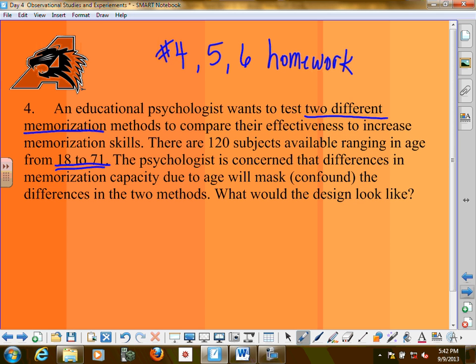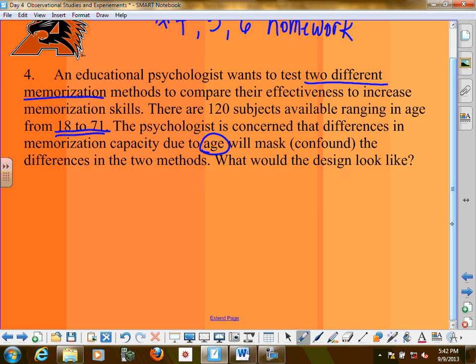So, the psychologist is concerned that difference in memorization capacity is due to the age. I want to give you a hint. I want you to start with your 120 subjects. I don't know if they were randomly selected or whatever, okay?